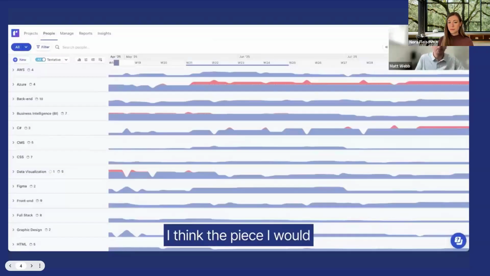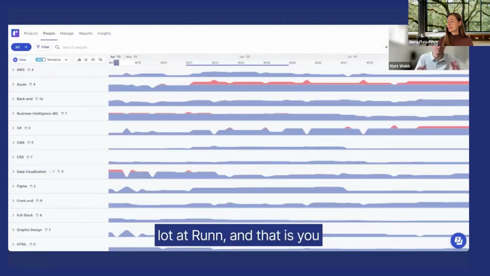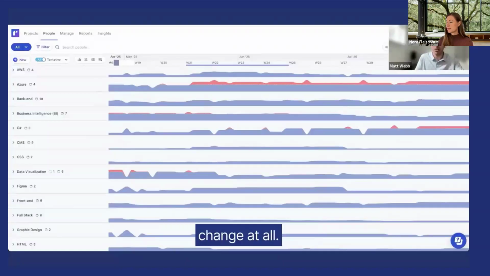I think the piece I would wrap it up with, though, is, and we talk about this a lot at Runn, and that is you can find the best tool in the market that checks all your boxes, fits within your budget, check, but unless the team understands the purpose and the value of the tool, and you have that executive buy-in from leadership, it can be very challenging to drive any change at all.